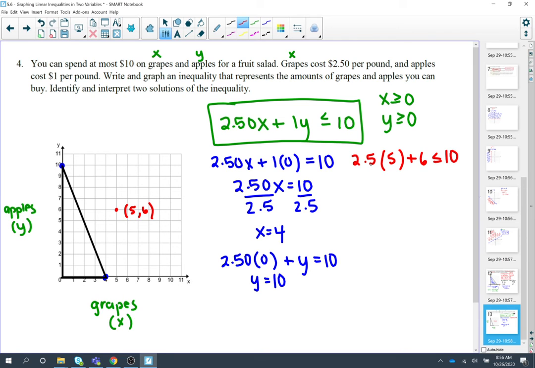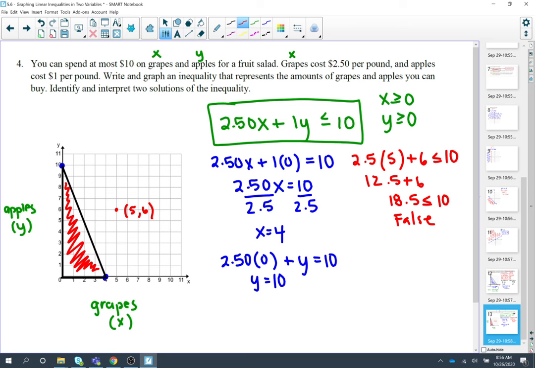So 2.5 times 5 is 12.5 plus 6 is 18.5. And 18.5 is less than or equal to 10 is false, which tells me that my answer is not out here, which means my solution set is in here.